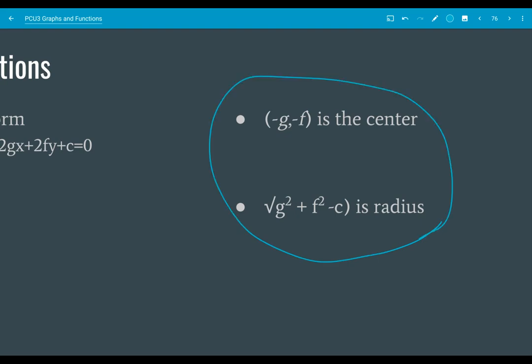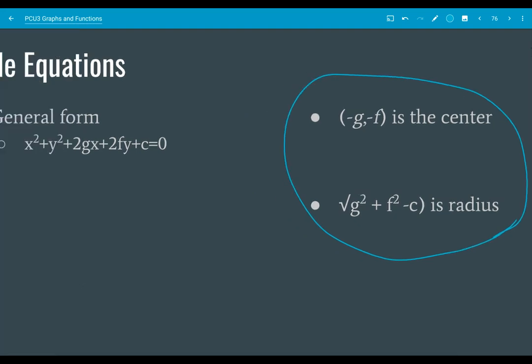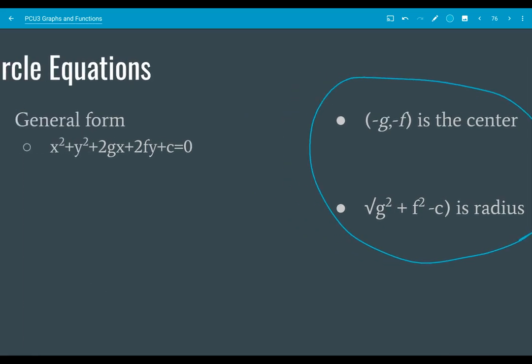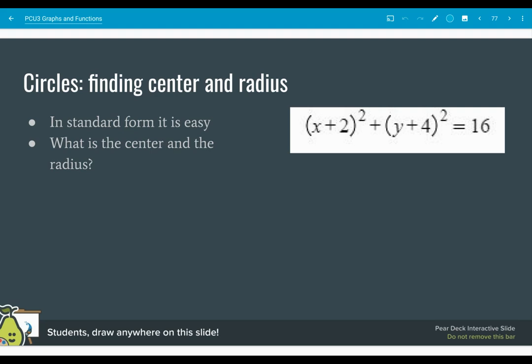I don't recommend memorizing these. What I recommend is remembering how to complete the square, because to get from general form to standard form, it's just completing the square twice. So here's one we'll answer in class.